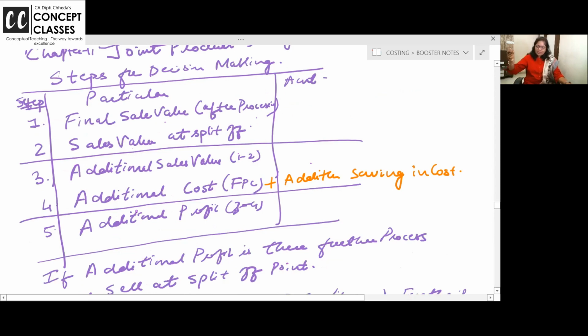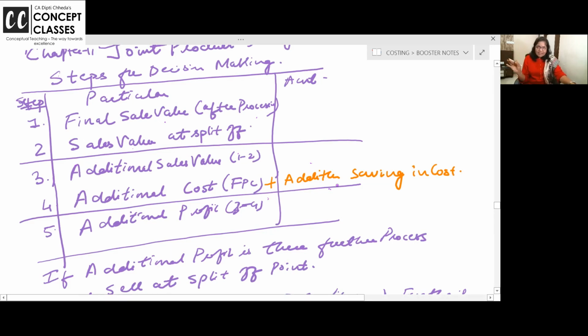When you are further processing, you will incur additional cost also, no? I have specially written this with a different pen, as it has come many times in the exam. Additional saving in the cost: if you further process, then instead of 16, only 14 lakhs will be incurred. It happens like this also. So 2 lakhs you have saved in the cost because of further processing.